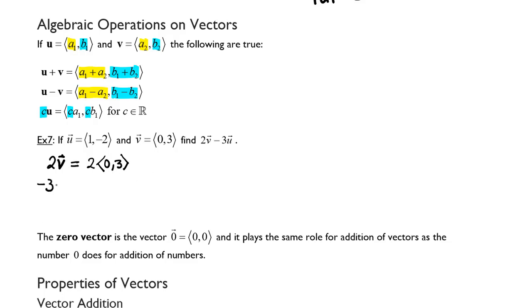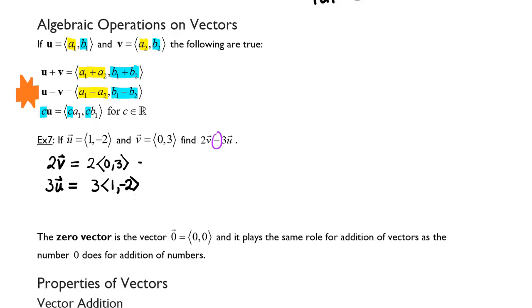And then I will also list -3 times u, which will give me -3 times the vector 1, -2. If we think about this as separate components, I'm going to be subtracting 3u from 2v. And so I'm actually going to take this negative off, and I'm just going to perform the subtraction at the end. Notice that it will be like this example here.